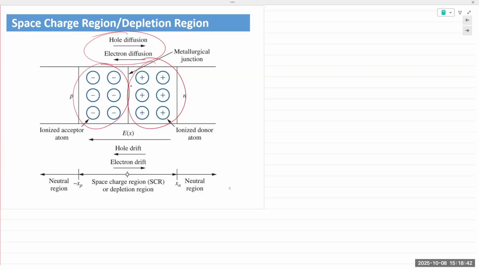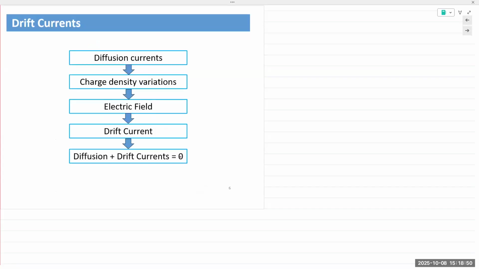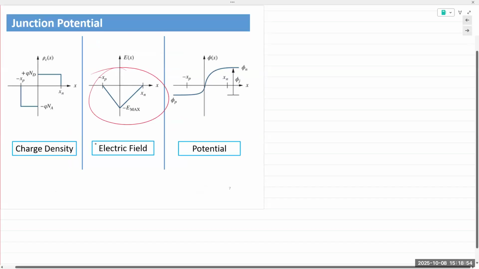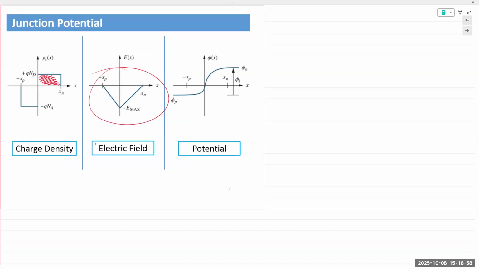So we have the space charge region, positive charges on one side, negative on the other side, which establishes an electric field. Let me go to the next slide, this one. This shows us the total number of charges that are present.